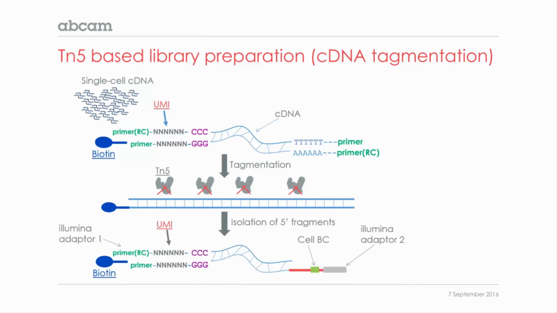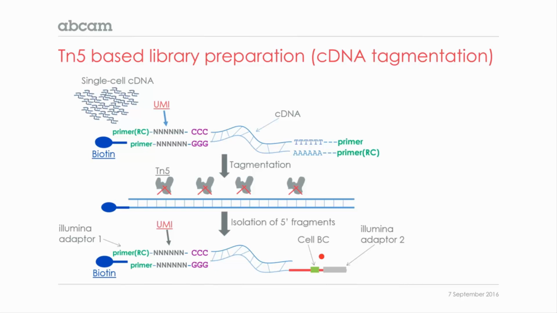Then we have a step of isolating the 5' end of these molecules, and this is how the final molecules in the library for sequencing will look. On the 5' side, it's the same thing. We have the primer, which is the Illumina adapter. We have the UMI. We have the 5' side of the gene, of the cDNA.